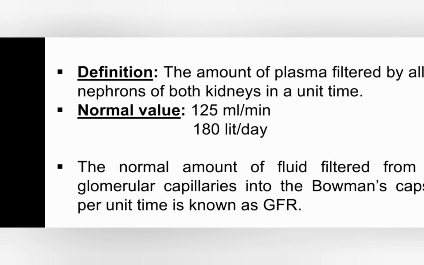So that is the logic. 180 liter is filtered out in the glomerular filtrate, 175 or 177 liter is reabsorbed back into the body, maybe 0.5 liter is secreted, and the final amount collected in our urinary bladder and excreted from the body is 2.5 or 3 or 3.5 liter per day. So that is the logic.